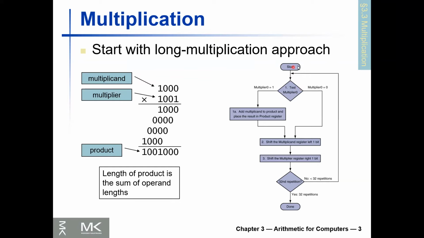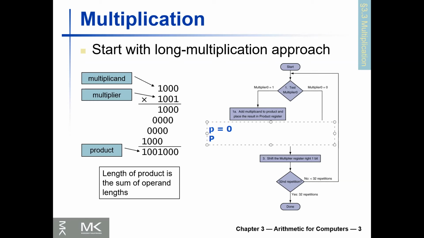Now just go through this flow chart. We start here, and then we have to check the multiplier's 0 bit, this rightmost bit. If it is 1, what we will do is add the multiplicand to the product. First we set product equal to 0, the initial value of the product, and the multiplicand is here, so we add the multiplicand to the product and place the result in the product.